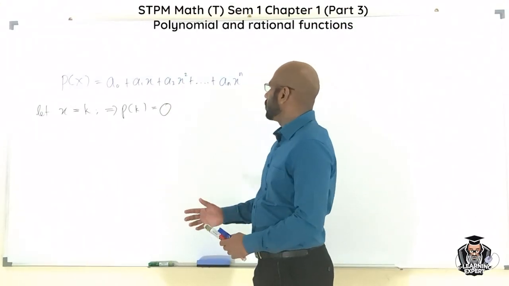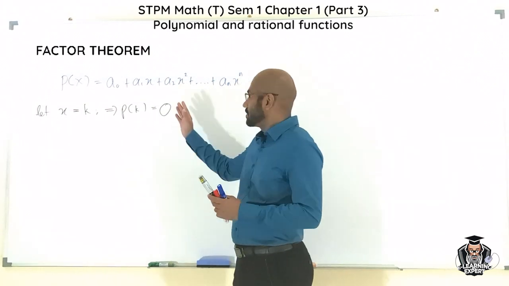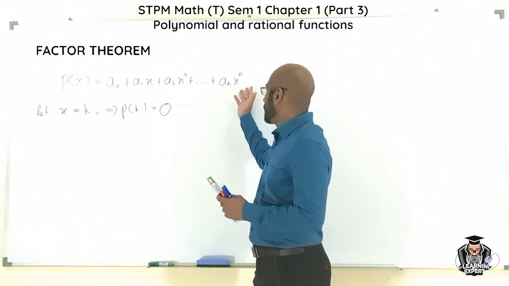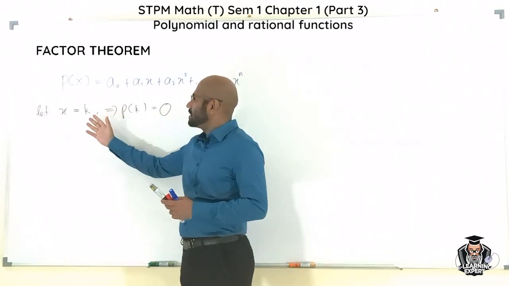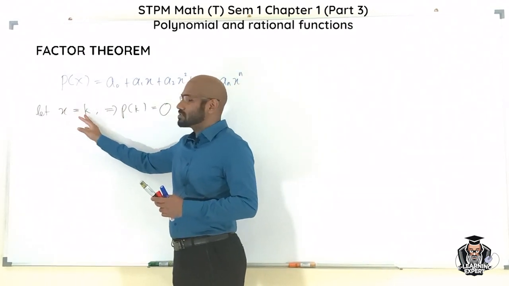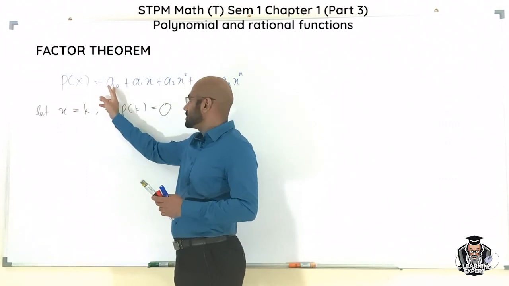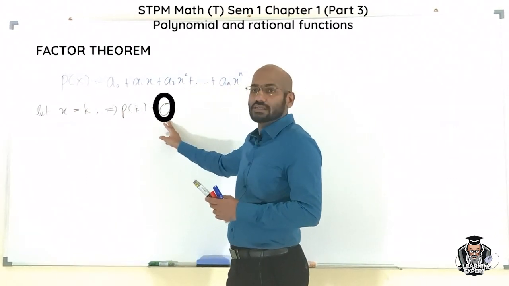Next part, let's go on to the factor theorem. See, this is the same polynomial over here, up to power n. And let's say now, by letting x equals k, when I substitute k into my polynomial equation, I end up getting 0.